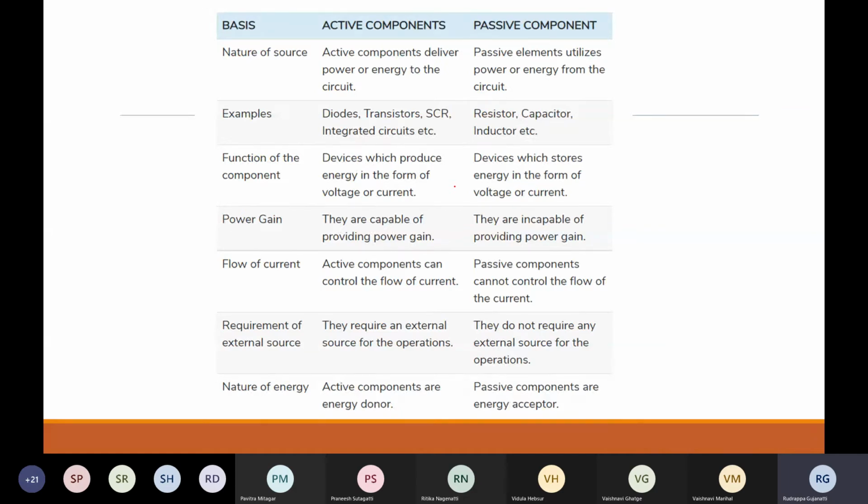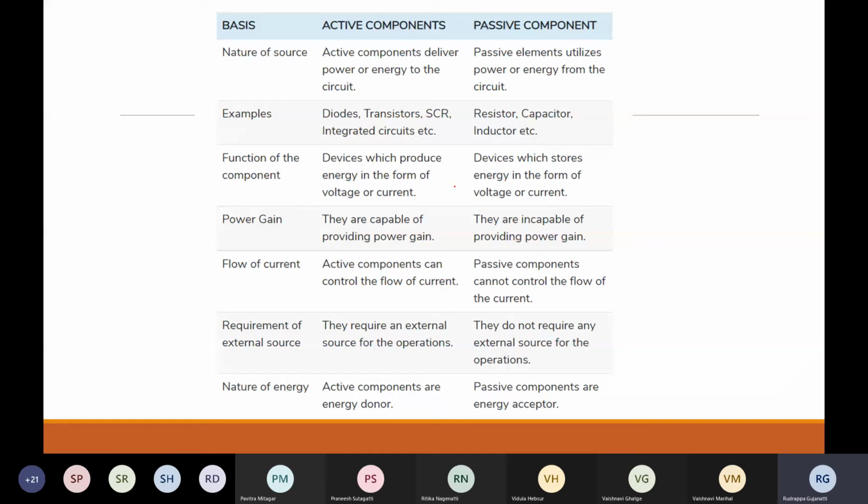Here, how do we classify the components as active and passive? If a component or a device is capable of delivering power or energy to a circuit, if it is able to generate its own power and deliver it to a circuit, we call such elements or components active components. In passive components, it basically utilizes the power which is provided.